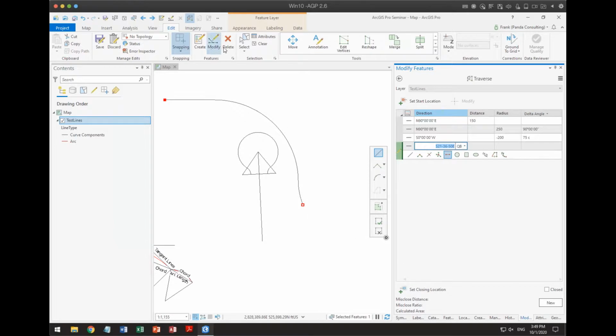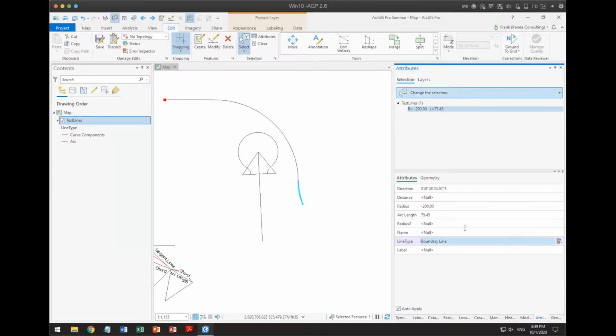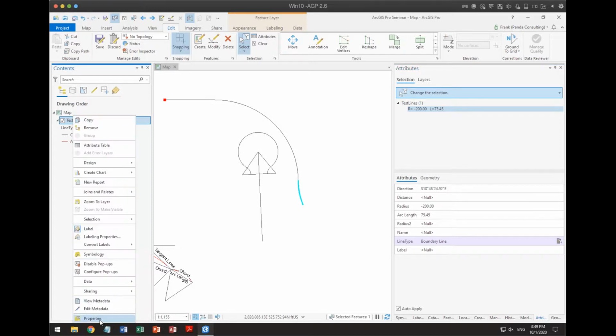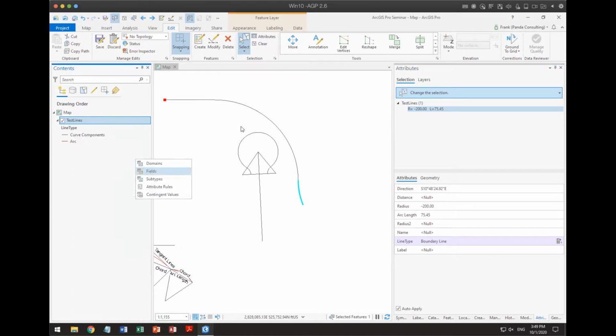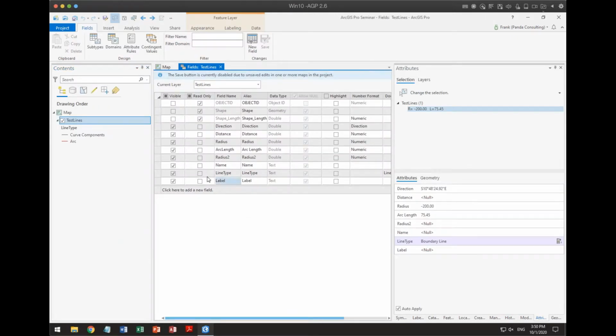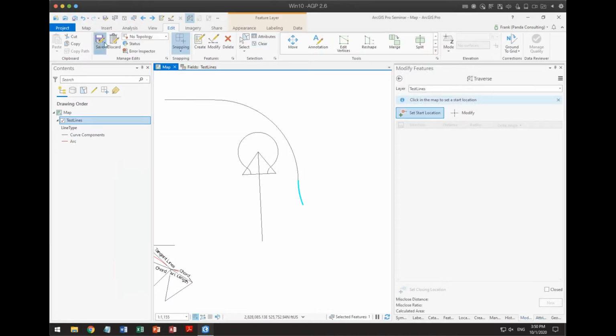Let's see what the attributes are in here. It recorded an arc length for a curve, but it did not record the actual radius or the distance. Let me expose the shape length here, so I actually have to save some of these elements.